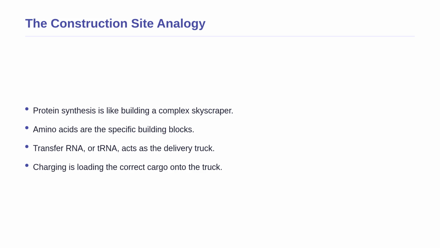The delivery trucks that bring these blocks to the site are specialized molecules called tRNA. However, a delivery truck is completely useless if its cargo bed is empty. Before a truck can drive to the construction site, it must first go to a loading dock to pick up its specific cargo. In the cell, this crucial loading process is called the charging of tRNA.